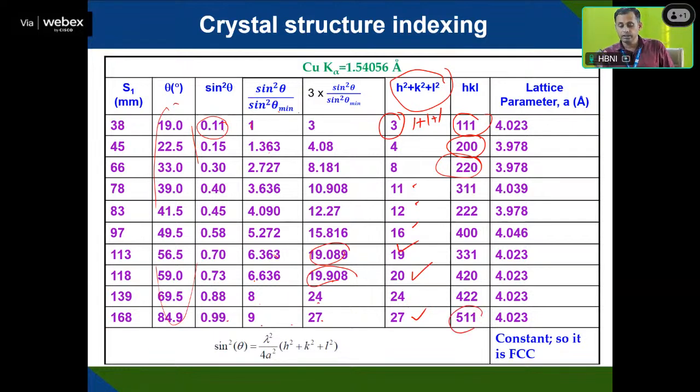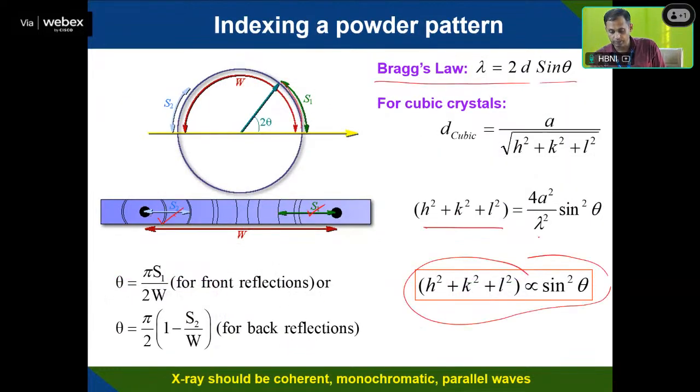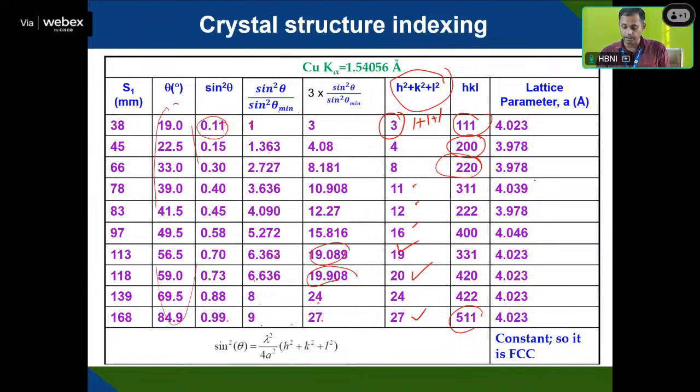In all these cases, if you use the lattice parameter equation for a cubic system, where a equals b equals c, then a equals the square root of h square plus k square plus l square times lambda square by 4 sin square theta. Using this formula you will be able to get the lattice parameter, and the lattice parameter a is constant here.